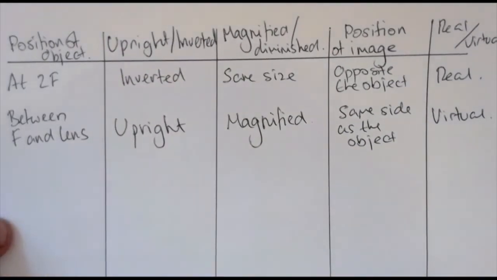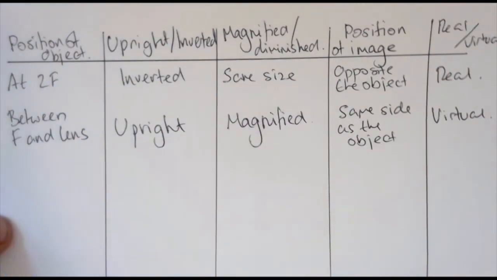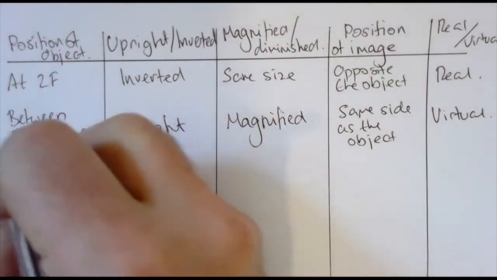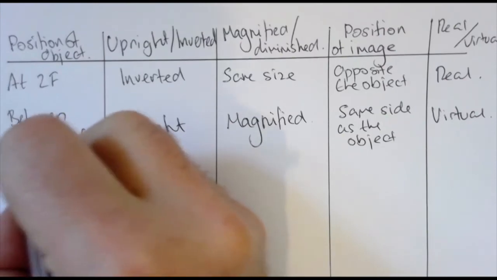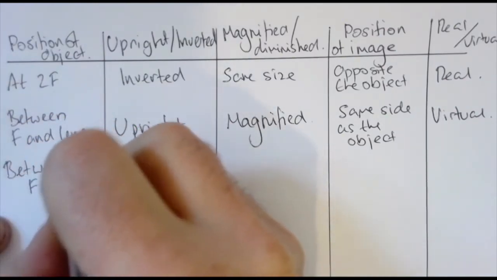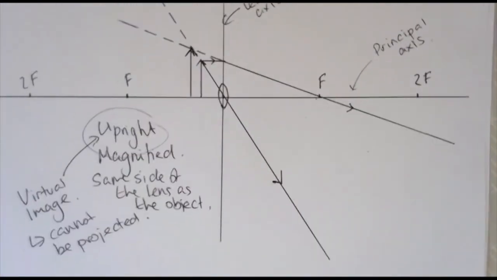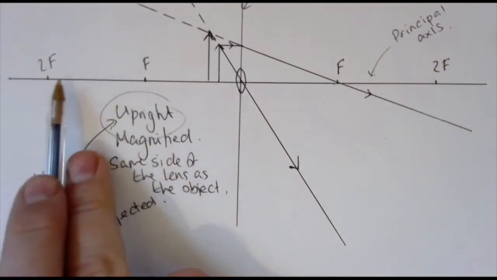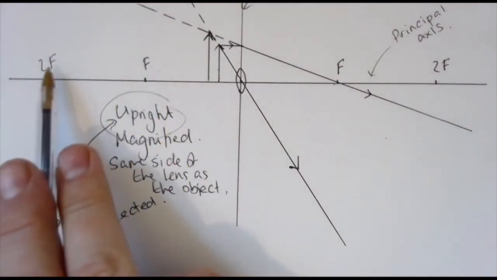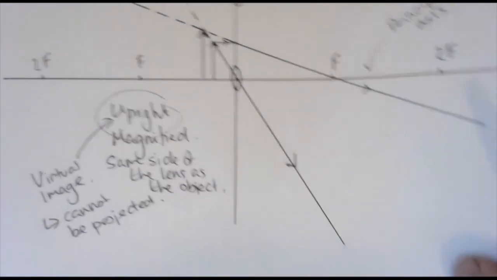So what you need to do for the rest of the session is to draw ray diagrams for yourself. So have a go at these two, and they'll just be identical to the ones that I drew, hopefully, if we're doing it right. Then we need to draw them between f and 2f. So if I go up to my previous diagram, you would draw your image somewhere in between f and 2f, and again I'd recommend a 1.5 centimetre high arrow as your object.